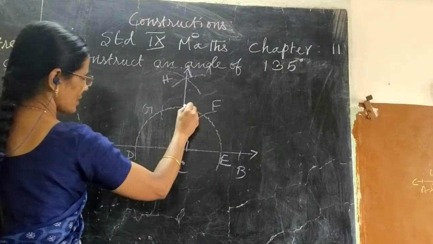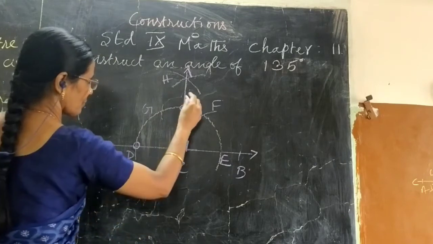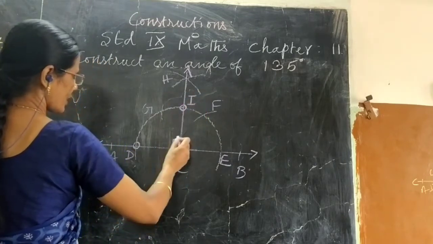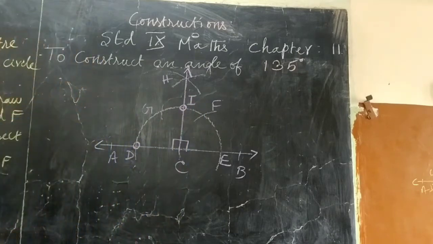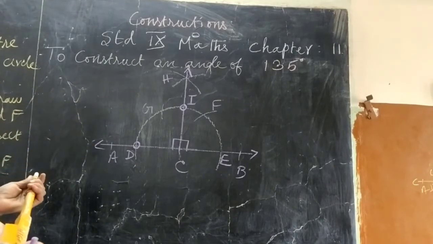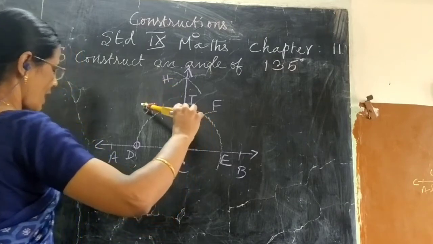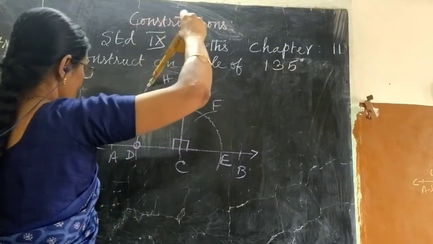So which are the centers? Centers are this point and this point for the bisection. Let us take this point of intersection as I. So taking I and D center, we are going to bisect angle ICD. I center, radius more than half of ID, we are going to draw an arc.